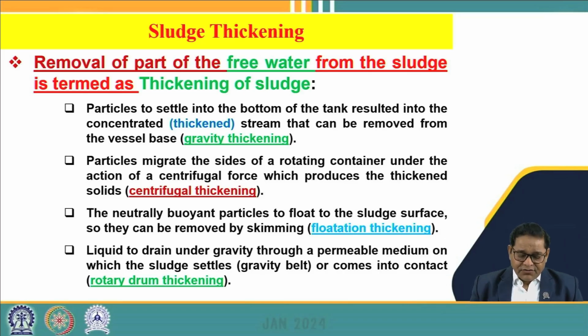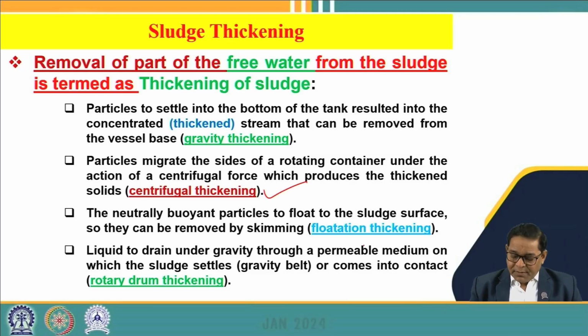And then there is another procedure which we take into account, that is centrifugal thickening. In this process, the sludge mass is rotated, and because of this rotation there is a centrifugal force acting on the sludge solids, which separates these solids from the water, and we remove the rest of the water and the thickened sludge can be separated.